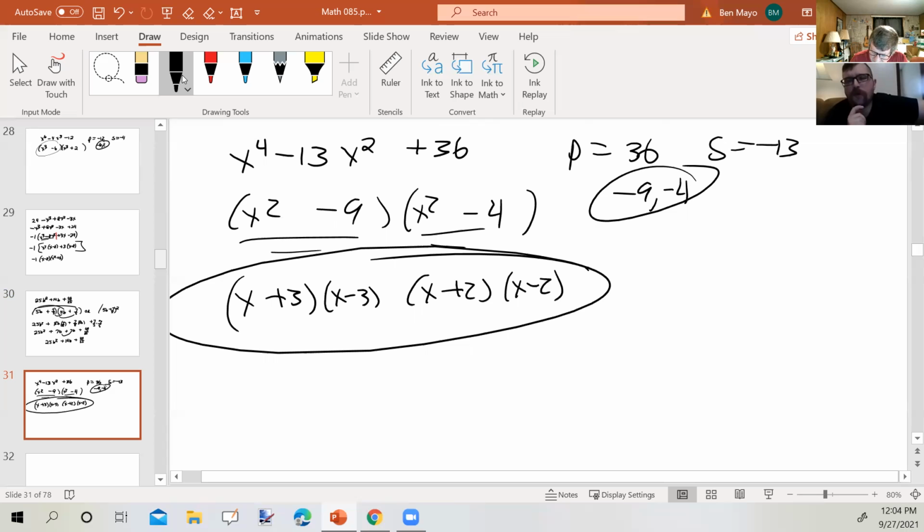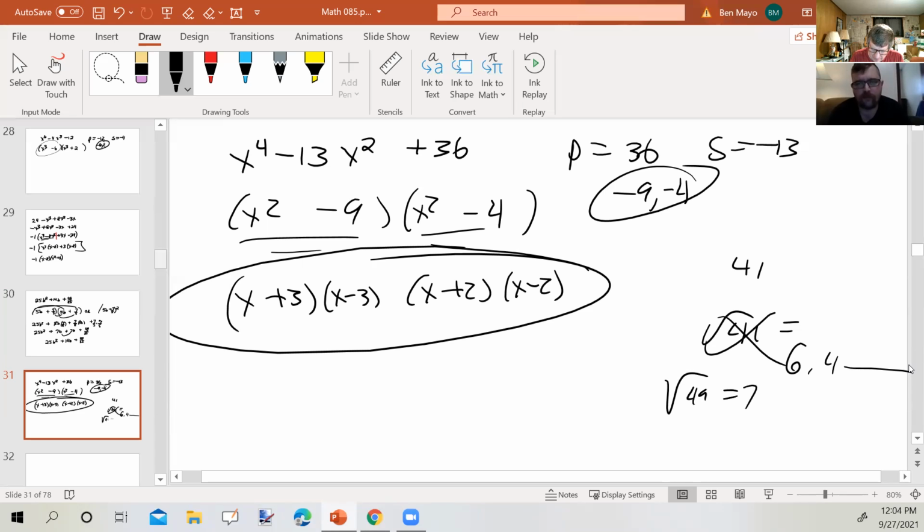So let's say, for instance, 41. I take the square root of 41, and I get 6.4. But if I take the square root of 49, I get a nice number. So yeah, I guess take the square root of it on your calculator.